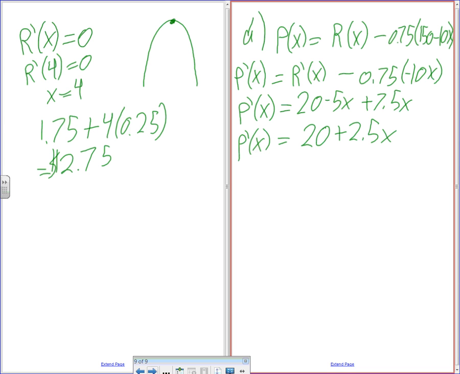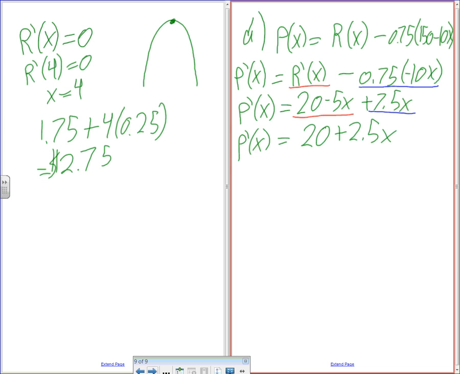If you remember when we did this in grade 11, we had to find a new profit equation and complete the square or whatever for the whole thing, so it's a little bit quicker. So we'll do the same thing then, set 0 equals 20 plus 2.5x, and then solve from there. And where did you get the 20? The 20 minus 5x is from up there.